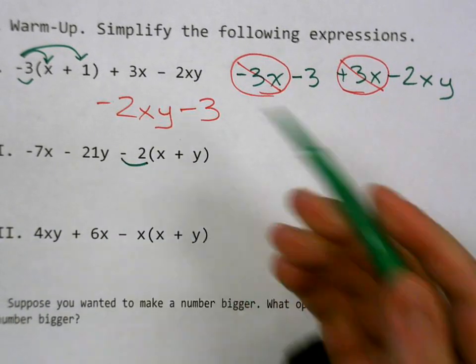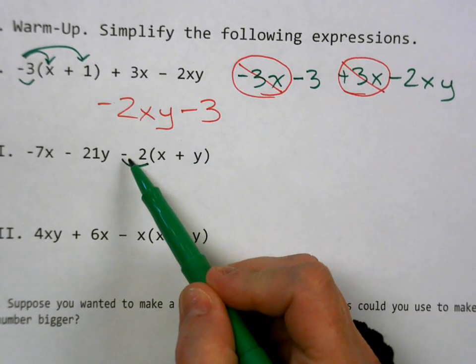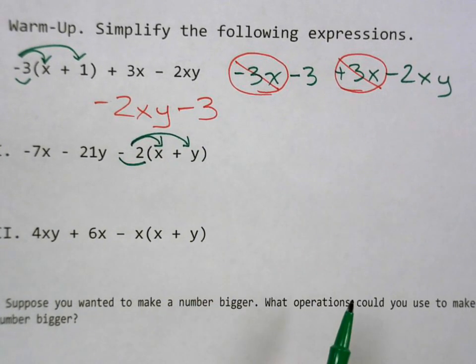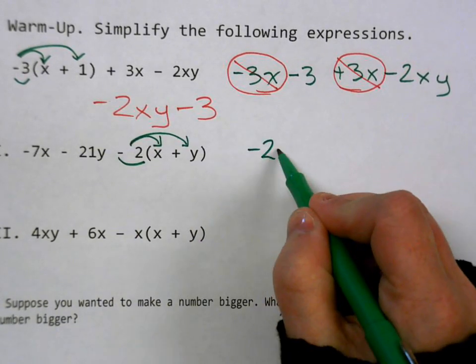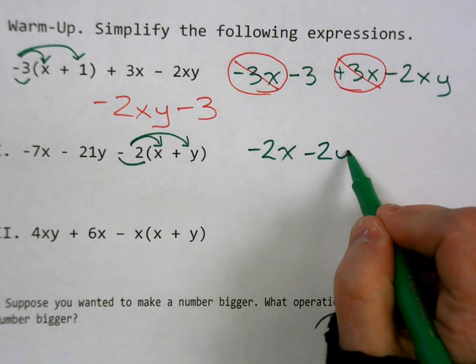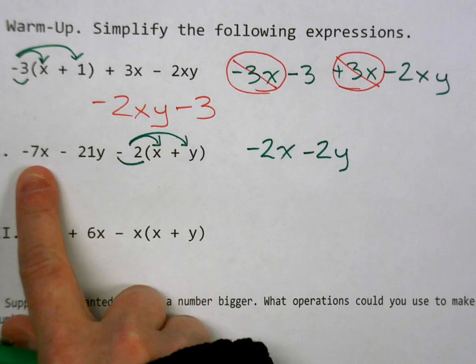Got to get rid of the parentheses first. It includes this -2. This negative goes with the 2, or the minus goes with the 2, however you want to look at it. So -2 times x, -2x, -2 times y is. Does this change any of this over here?